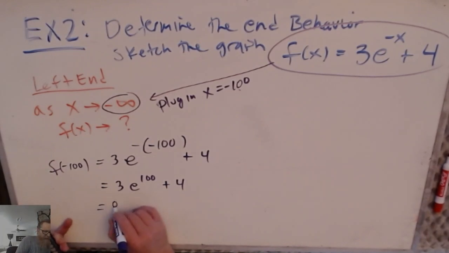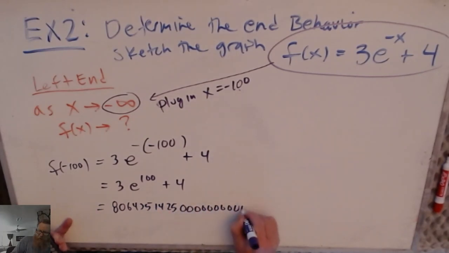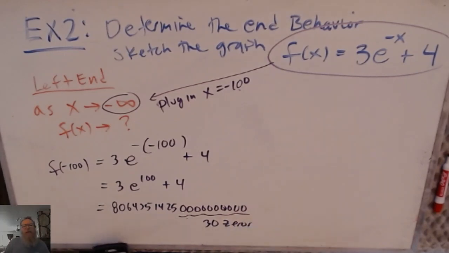You want to see how big it is? It's 8, 0, 6, 4, 3, 5, 1, 4, 2, 5, followed by like 30 more zeros. It's actually more than 30. Let me see. 1, 2, 3, 4, 5, 6, 7, 8, 9. It's 34 more zeros. I'm not going to write 34 zeros.